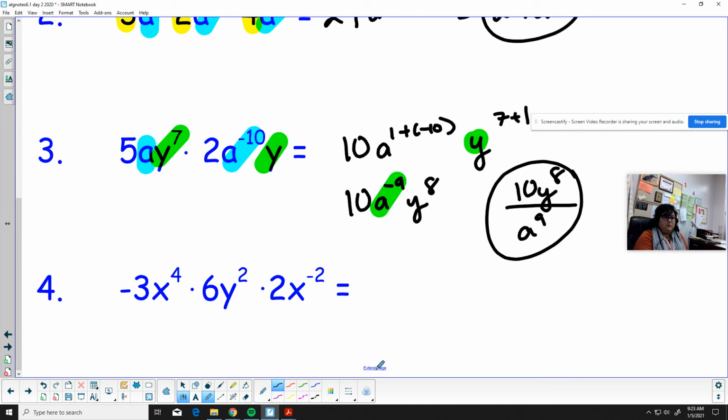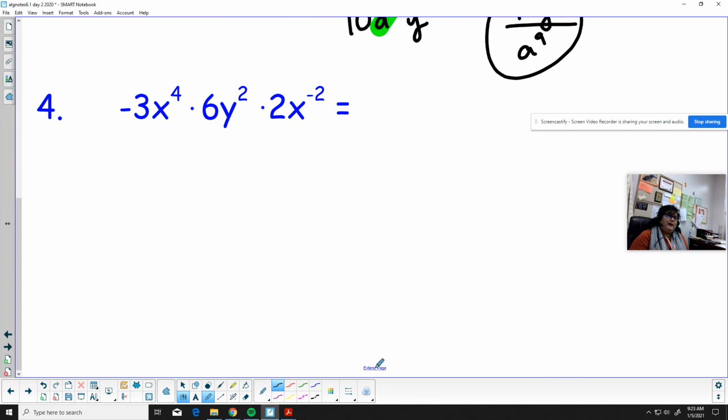All right, number 4. So if we multiply negative 3 times 6, that's negative 18. Negative 18 times 2 is negative 36. And then these two have the same base, so I can combine those. So x to the 4 plus negative 2. And y's on his own. He doesn't have anybody to get with or be combined with because there's no other y's.